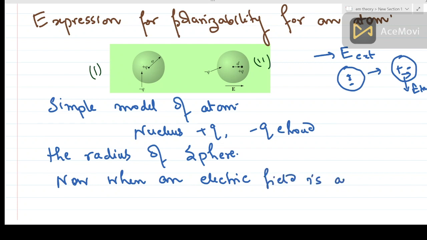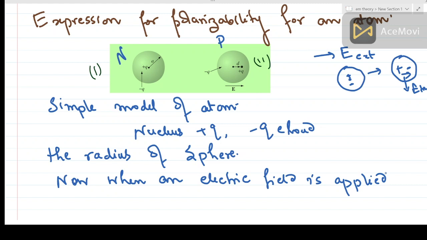Because you have to make the things clear that what is the neutral state and what is the charged state. Many times I have experienced that the students are confused. They are confused between the charged state and the polarized state. So this confusion should not be there. This is the neutral situation and this is the polarized situation.